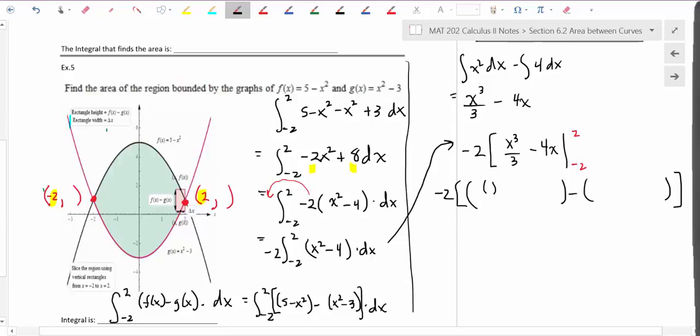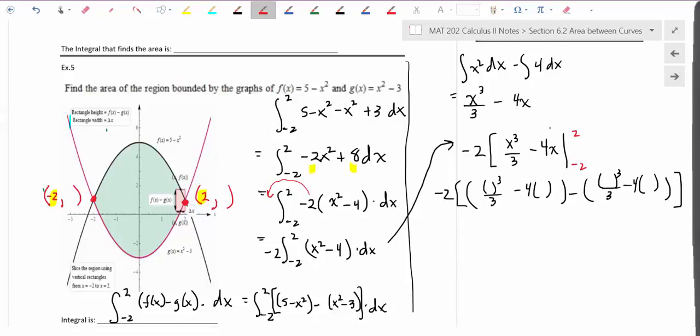So we're going to do something cubed over 3 minus 4 times something, cubed over 3 minus 4 times something. That's building the framework, which is what I try to get students to do. So you evaluate plugging in the 2, then you evaluate plugging in the negative 2, and then you've got the arithmetic problem that you need to work out.